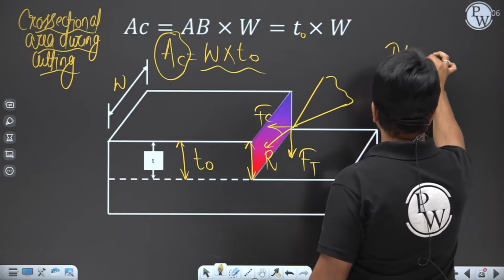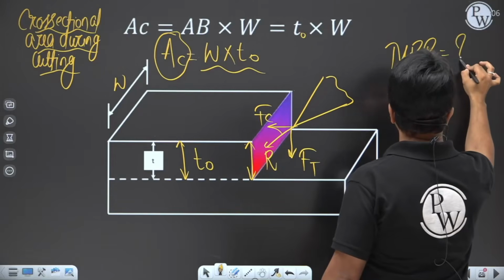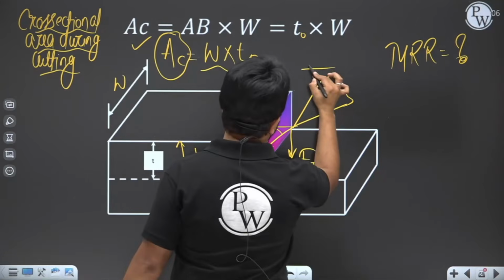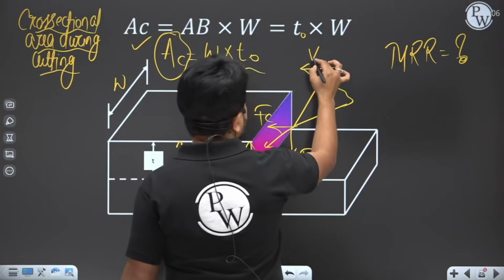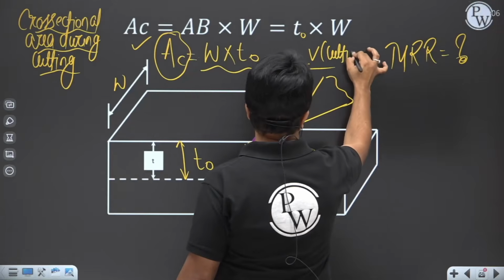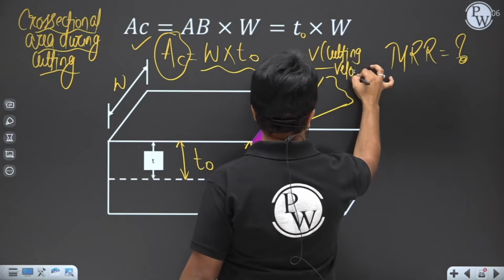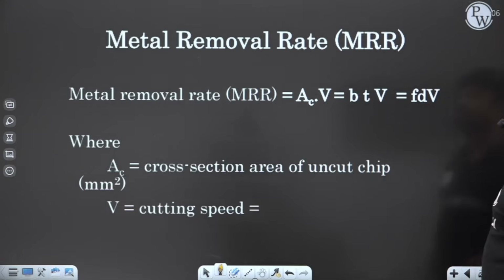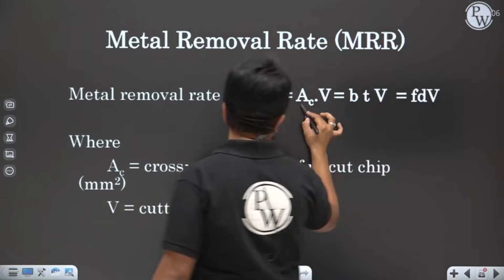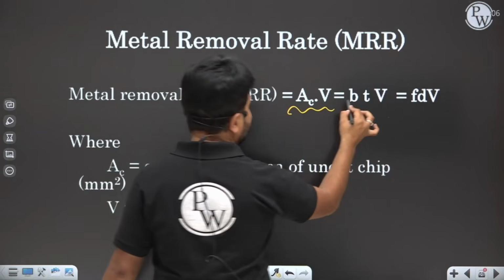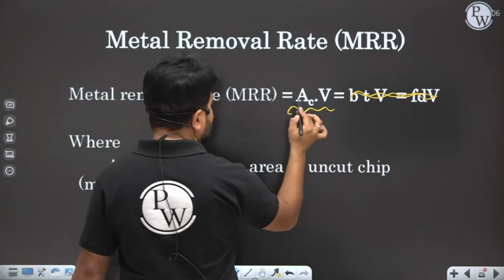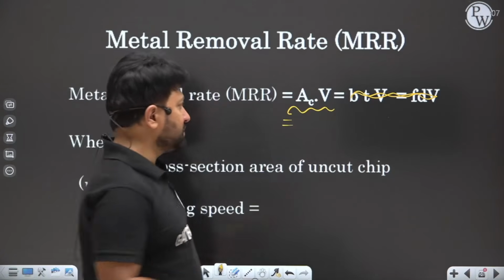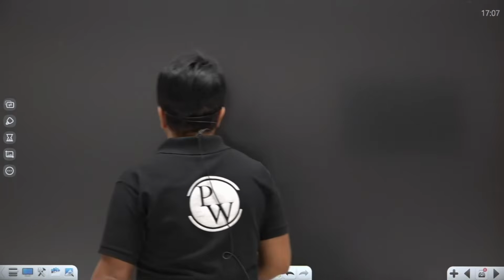If you know the cross-sectional area during the cutting operation and the cutting velocity V, then the material removal rate is the cross-sectional area into cutting velocity. Let me explain.